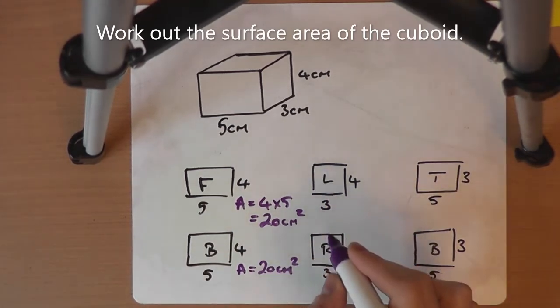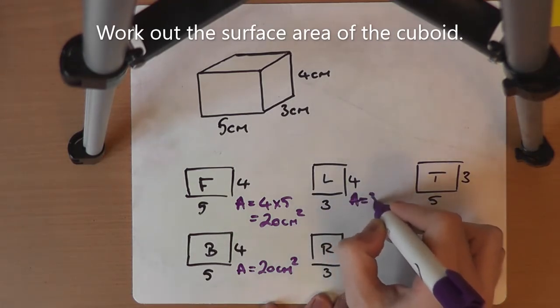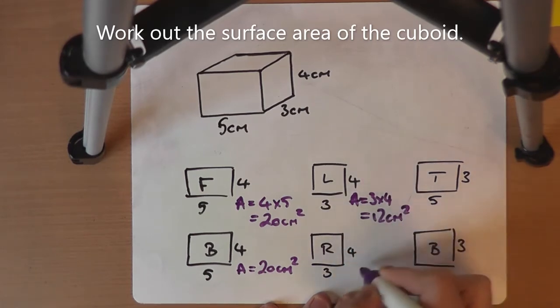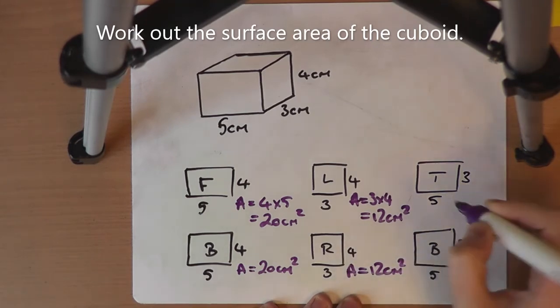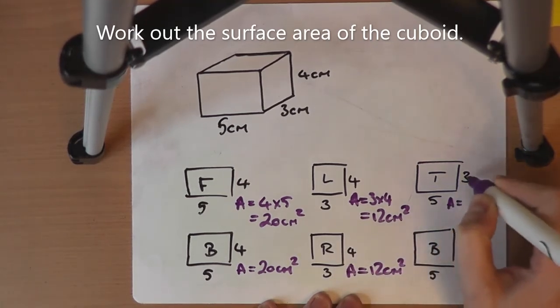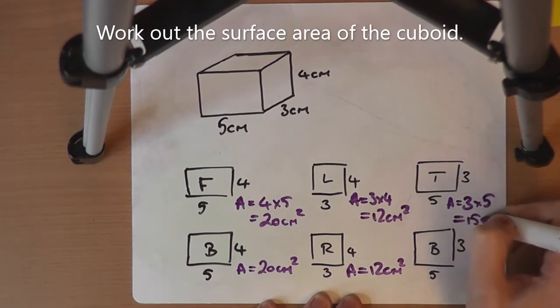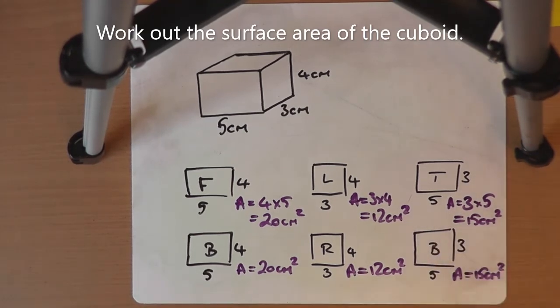For these left and right faces, the area there will be 3 times 4 is 12 centimetres squared each. And finally, the top and bottom, the areas here will be 3 times 5 is 15 centimetres squared for the top and 15 centimetres squared matching that for the bottom.